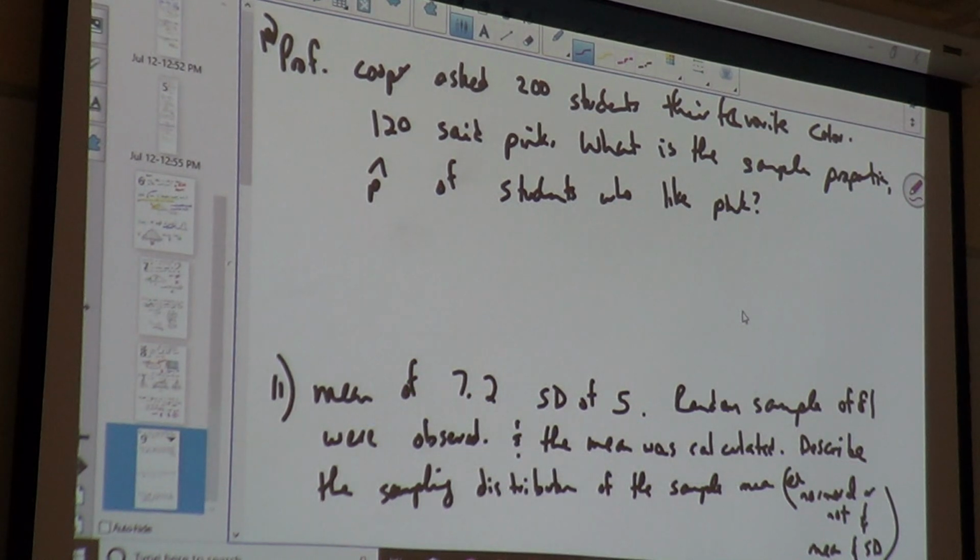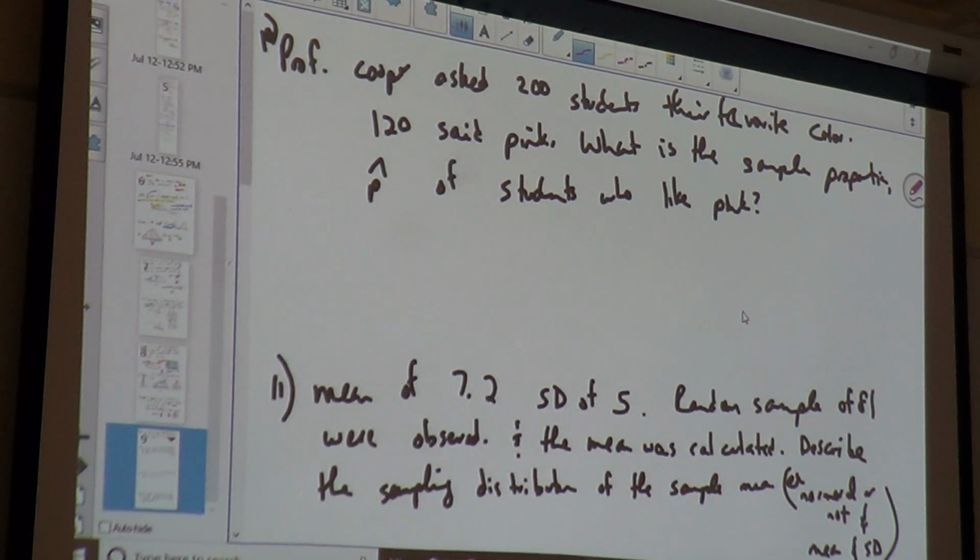Professor Cooper asked 200 students their favorite color. 120 said pink, because that's my favorite color. What is the sample proportion, p-hat, of the students who like pink?